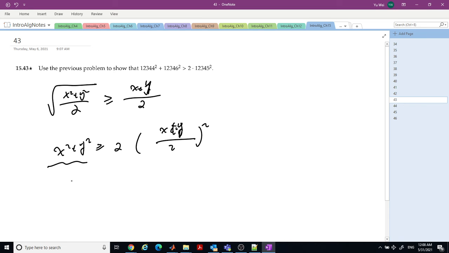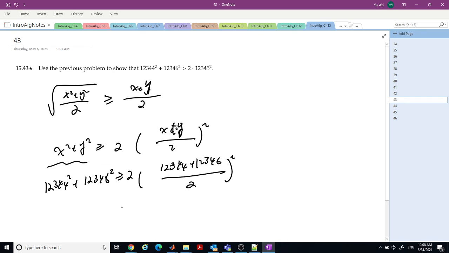Right, so we can see this one is 4 squared plus 6 squared, greater than 2 times (4 plus 6) squared. So it's equal to 2 times 5 squared. Okay. And also we know the equal sign holds only if x equals y, right? So the equal sign doesn't work here. Okay, so that's why.